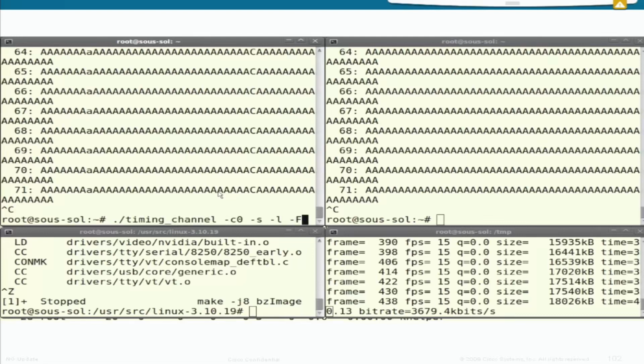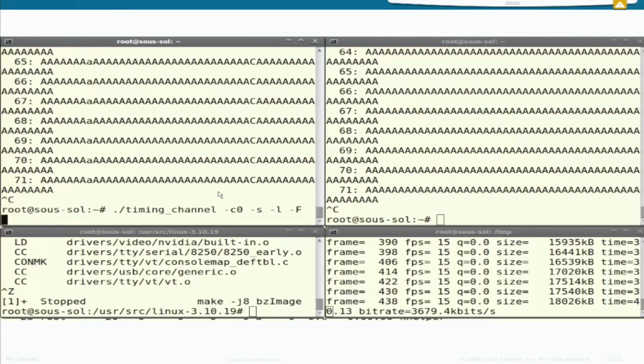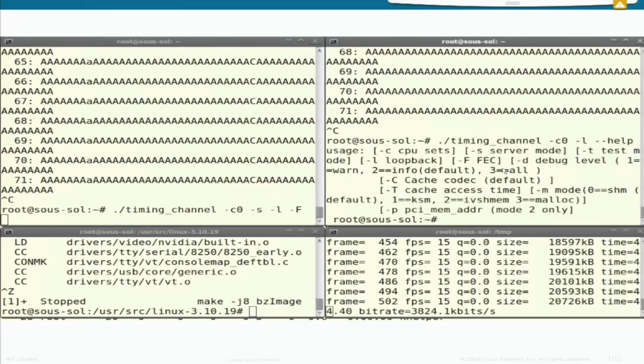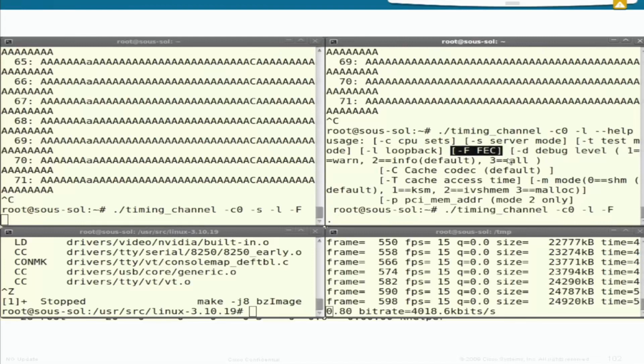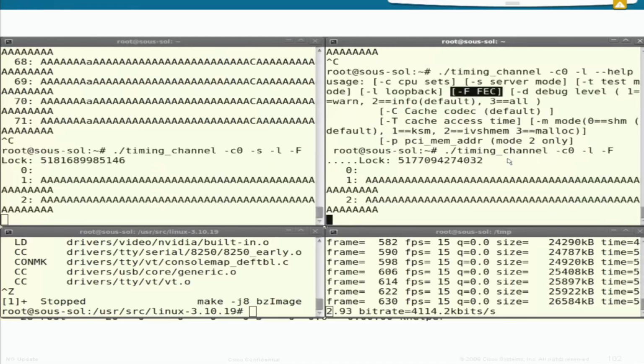So now I'm repeating the same experiment, but in my program I have what we call forward error correction, ECC. So I'm turning on ECC with capital F, and with ECC things should be corrected, right? So the server is running on the left-hand side. Client, I'm just going to start the client with forward error correction enabled, and we should see that things are clean, right?